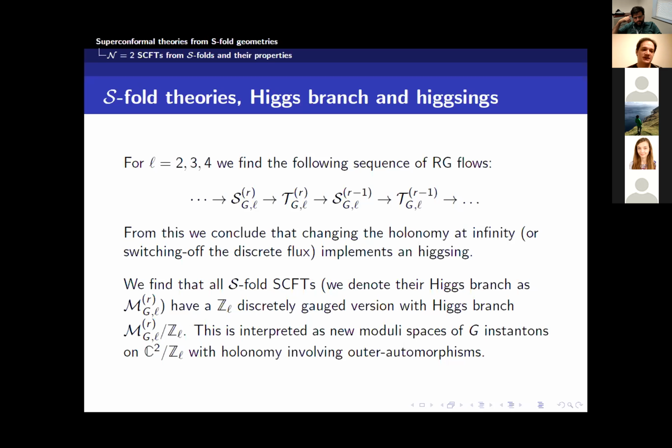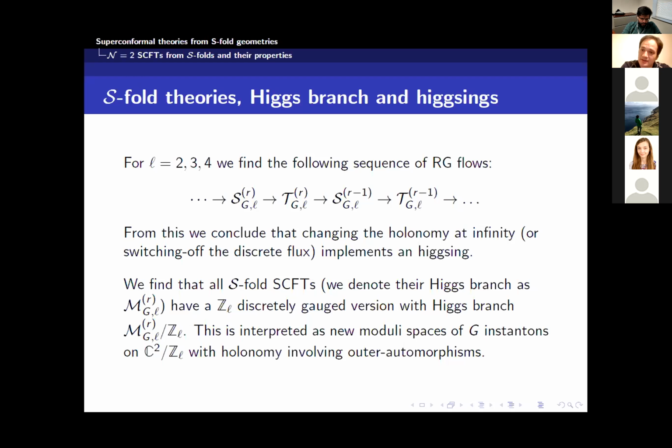The models I discussed before, S and T theories, are the parent models. And then I can get daughter theories via a Z_L gauging. And it's the Higgs branch of the daughter theory, which has a nice interpretation as moduli space of instantons.